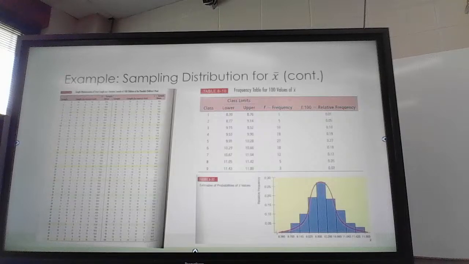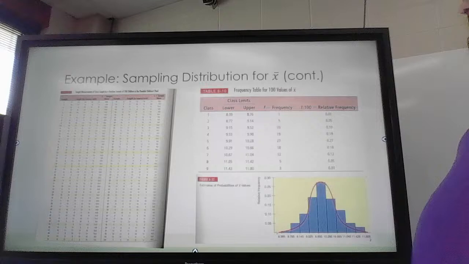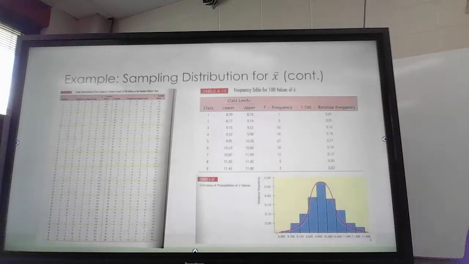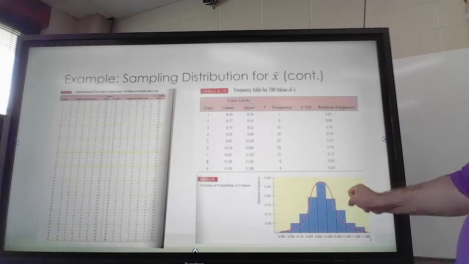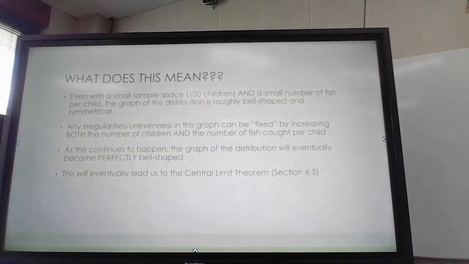And then here is the frequency table for this group. You've got your classes, your class limits, your frequency, and your relative frequency. Look how almost perfectly bell-shaped this distribution is, right? Even with a small sample space and a small number of fish, you could see the graph was roughly bell-shaped and symmetrical.